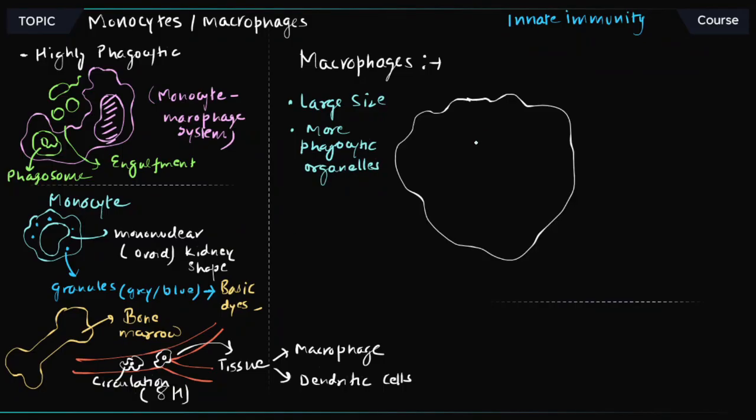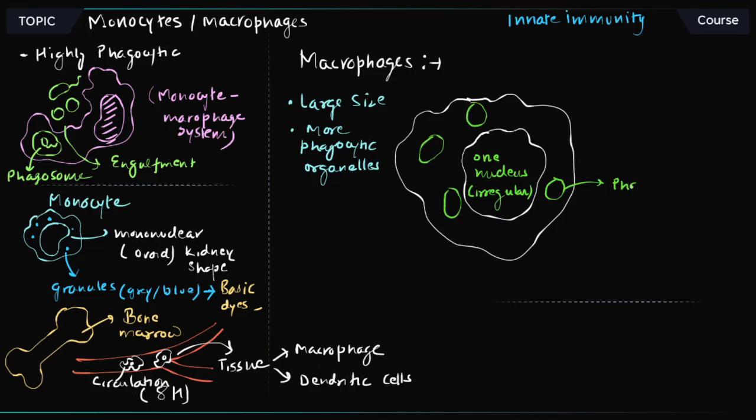The nucleus is irregular in shape. I can label them: phagocytic organelles. These organelles are required to perform phagocytosis.